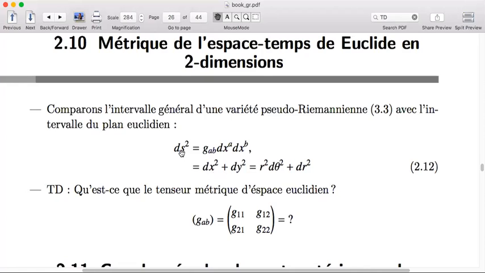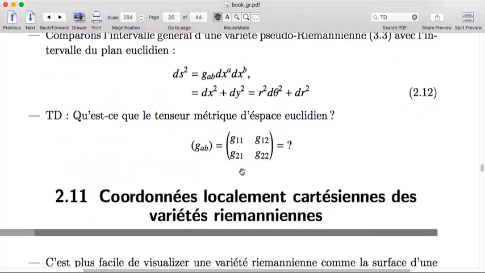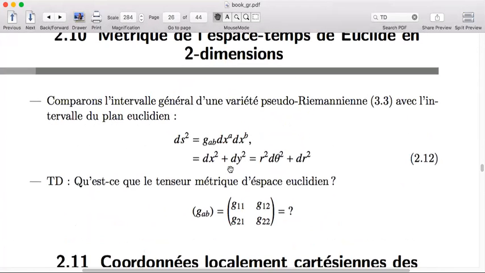And then our ds squared in that case is just a simple Euclidean distance, and according to Pythagoras's theorem, the distance is dx squared plus dy squared. In fact, that's the only geometry the ancient Greeks knew, the Euclidean geometry, and that gives you the function for g_ab, which we'll cover in a minute.